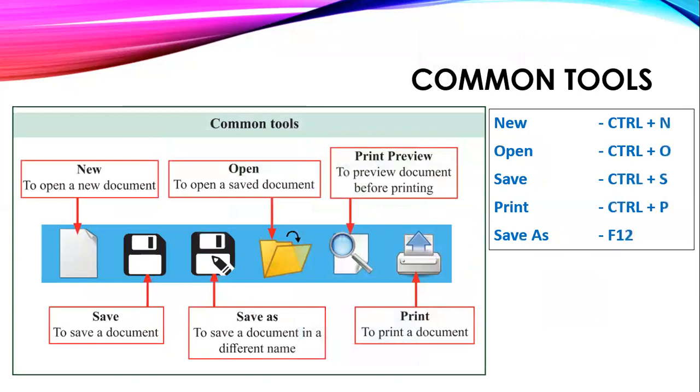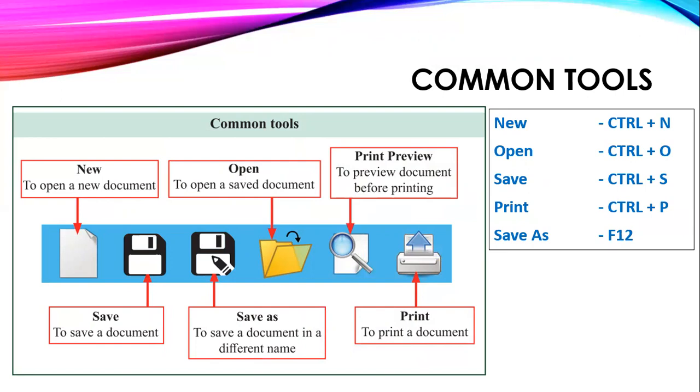If you start Word, you can see there are some common tools. The first one here is New. It is used to open a new document, to prepare a new assignment, a new draft, a new letter.